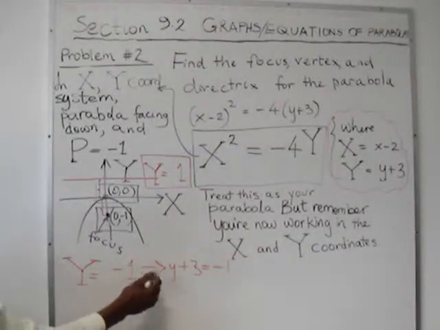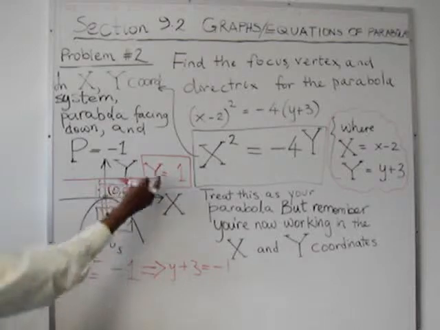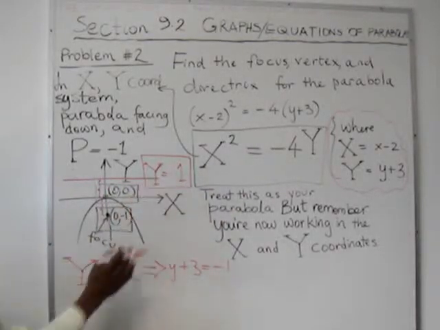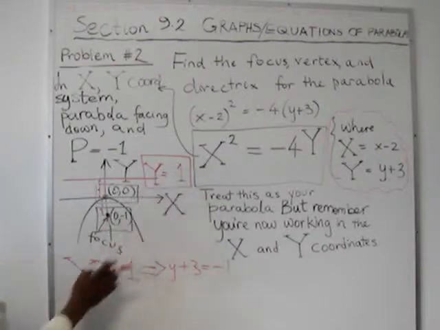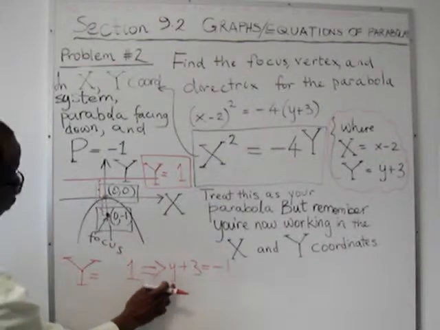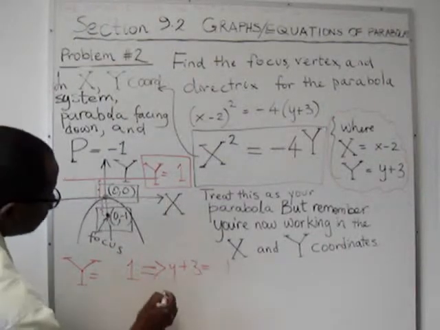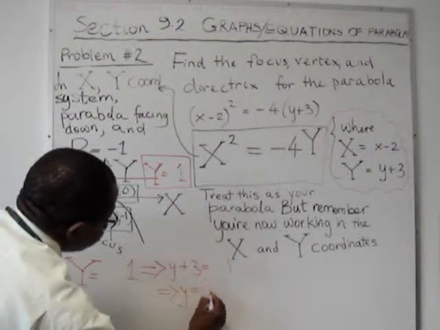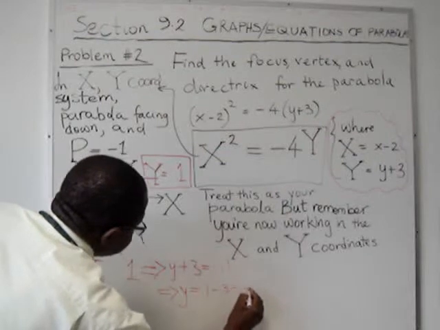Sorry, big Y equals plus 1. So y plus 3 equals 1, which means little y equals 1 minus 3 equals minus 2.